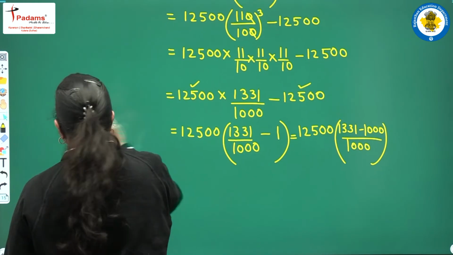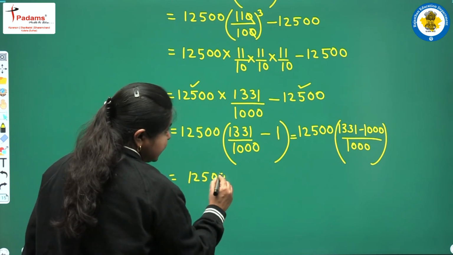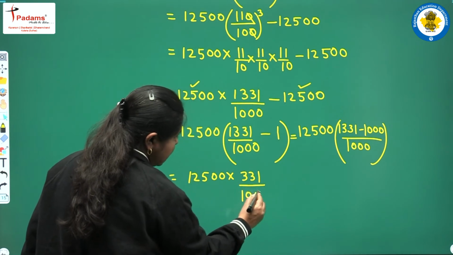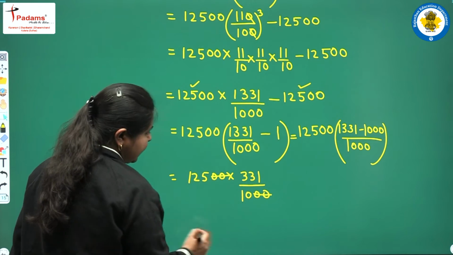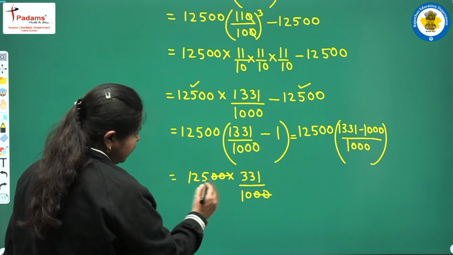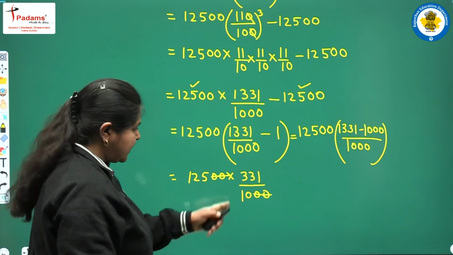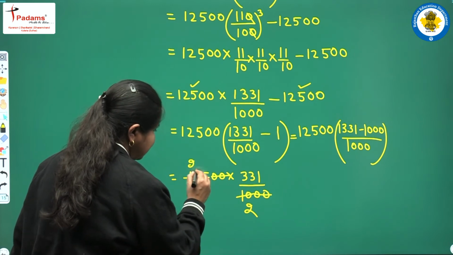This will give us 12,500 into 331 upon 1000. दोनों को सब्ट्रैक्ट कर दिया हमने, ये दो जीरोस कैंसिल हो गए. We can now multiply 125 and 331, or first we can divide these two numbers by 5. 5 2s are 10 and here we will have 25.